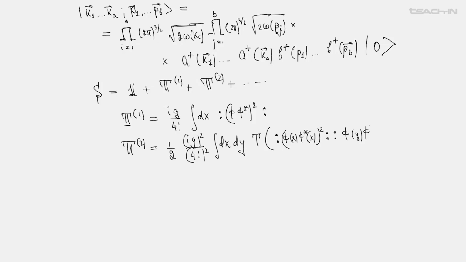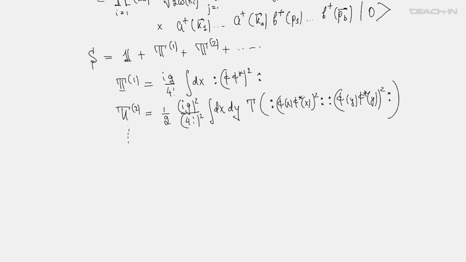And higher terms will be given by the T-ordered product of higher terms in the expansion of this exponential operator. Okay, so this is how these terms look.